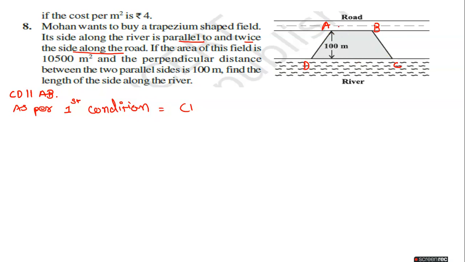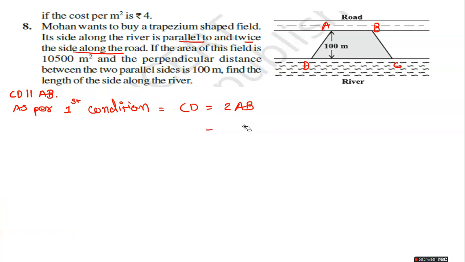Now this thing I want to write in equation format. We will not write in words that CD is double of AB. Two things I'm writing, you just tell me: CD is equal to 2AB, AB is equal to 2CD. Now tell me which is correct and which is not. First is correct.